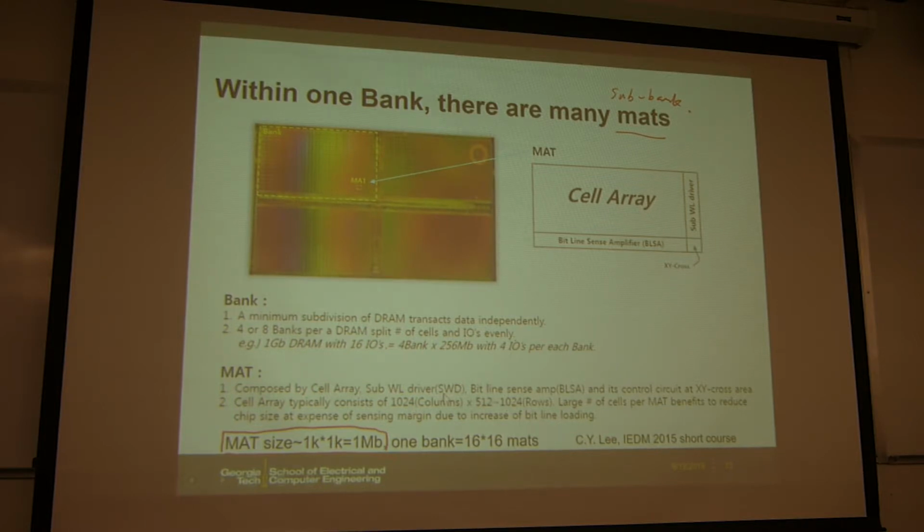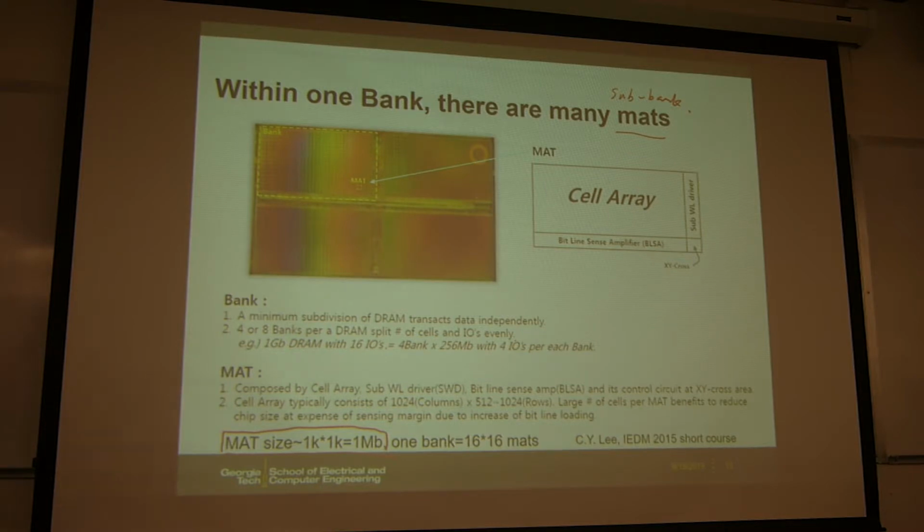And if you compare this mat size of the DRAM to a typical SRAM array size, do you think the SRAM array size is larger or smaller than this 1K by 1K? Any idea? What is the typical SRAM subarray size? Smaller?